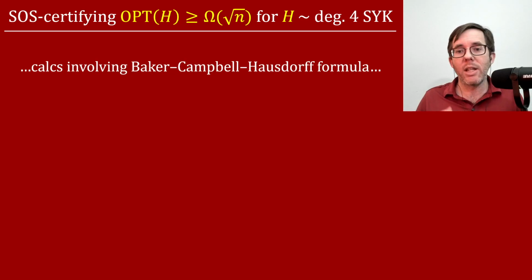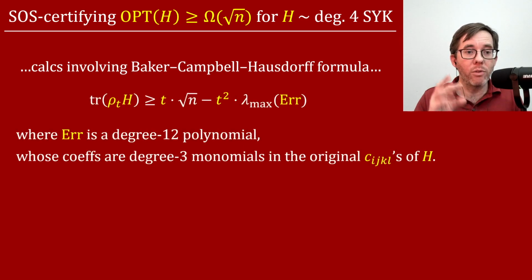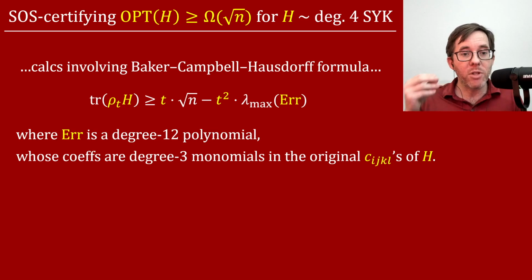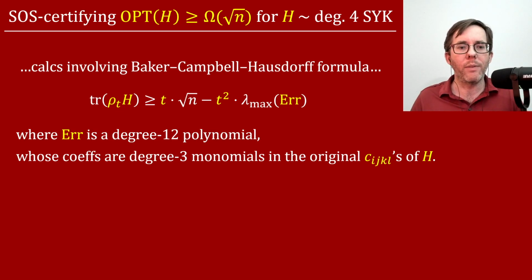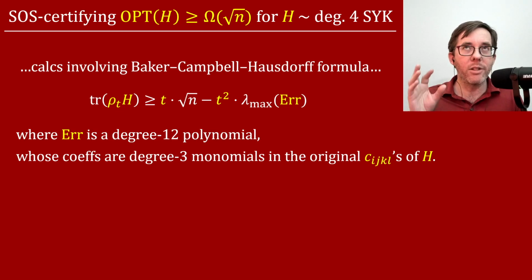You do some calculations involving the Baker-Campbell-Hausdorff formula, and you find that the trace of rho t times h, which is what we're trying to lower bound, is at least t times square root n minus t squared times the maximum eigenvalue of a certain error polynomial. This error polynomial is an explicit degree 12 polynomial whose coefficients are degree 3 monomials in the original coefficients c i j k l of h.